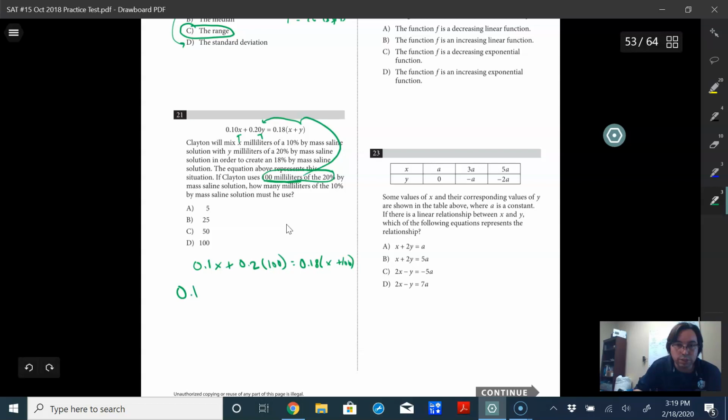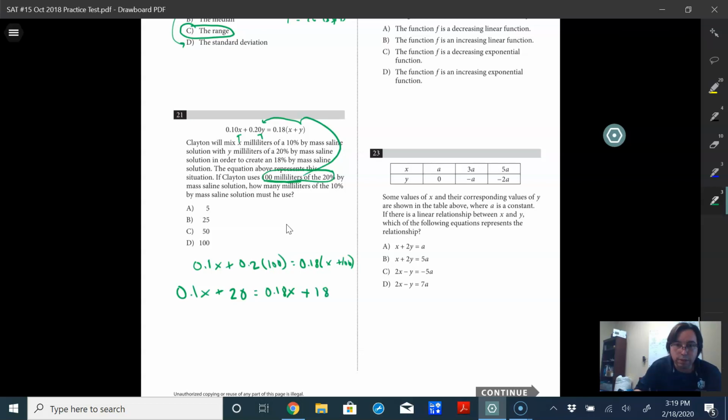All right, and so now we're going to end up reducing our factors here. 0.2 into 100, that's a fifth of that, so that should give me a value of 20, equals 0.18x. And then 0.18 of 100 is going to be 18, so it's going to be plus 18.